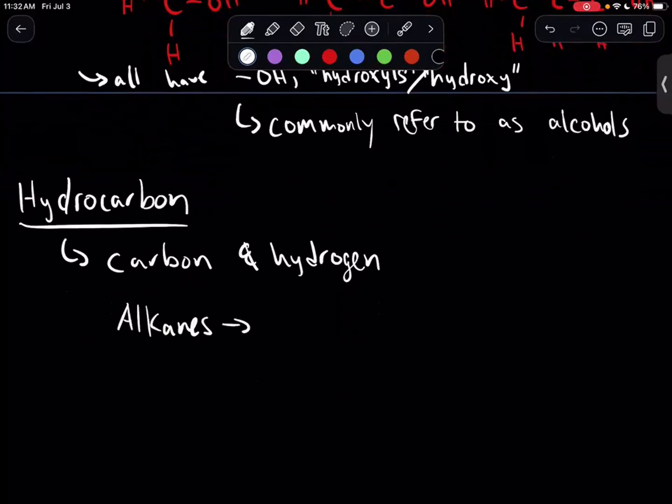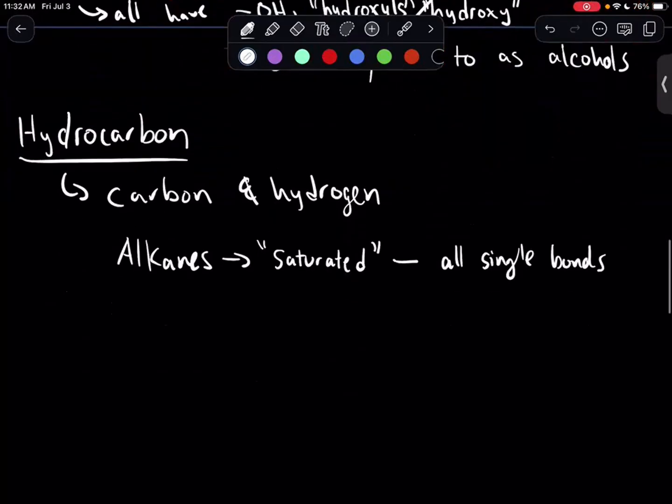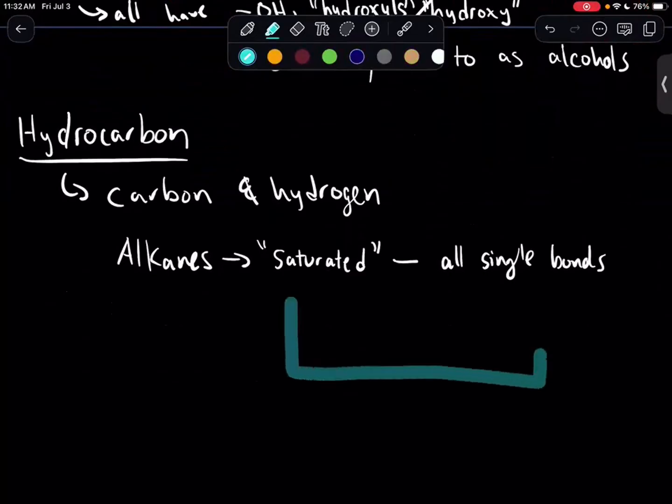Alkanes are what we refer to as saturated. What that means is that there are all single bonds, so every carbon is bonded with a single bond. I'm going to do some examples of this momentarily, but this is actually where we will do our first flashcard.